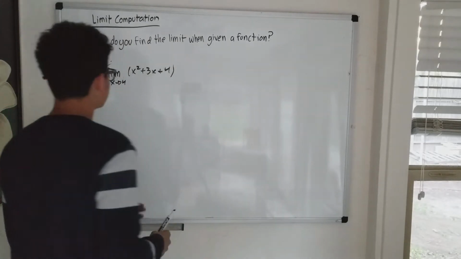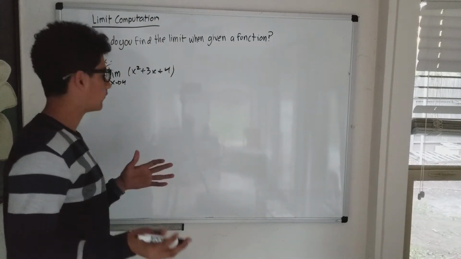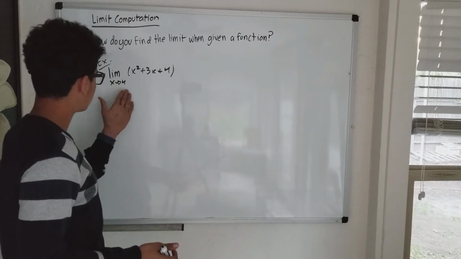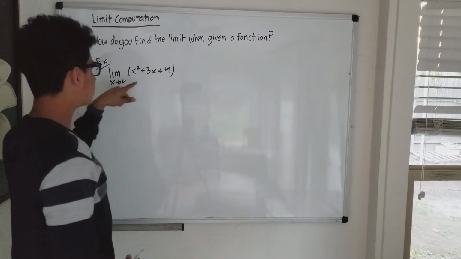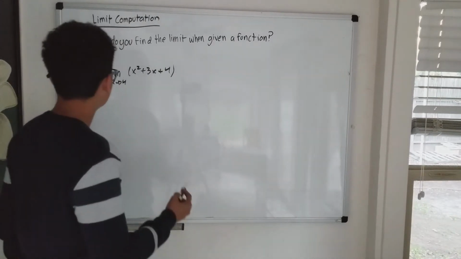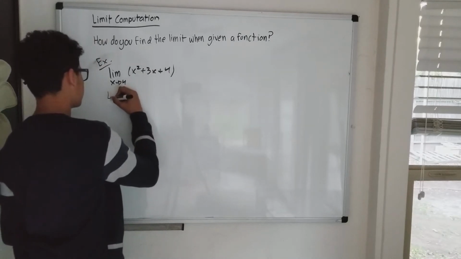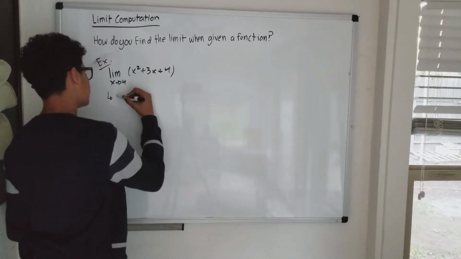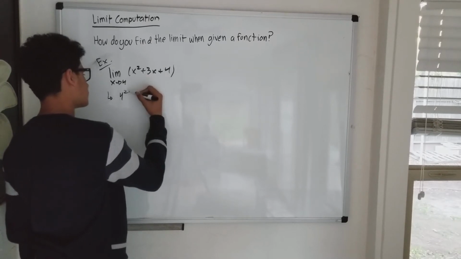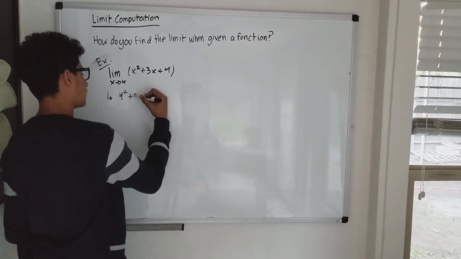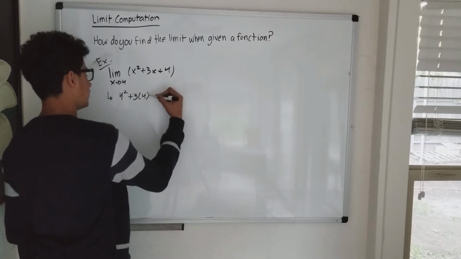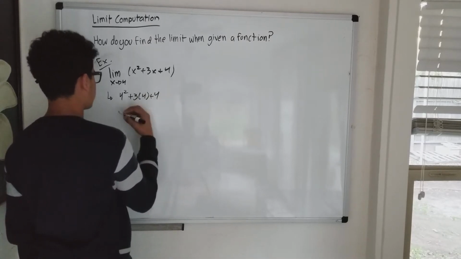What you basically do is, because you're trying to find what the value of the function is going to be as x approaches 4, you're basically just going to plug it in. So, if I were to continue to simplify this, you would input 4 into each x value. So it would be 4 squared plus 3 times 4 plus 4.